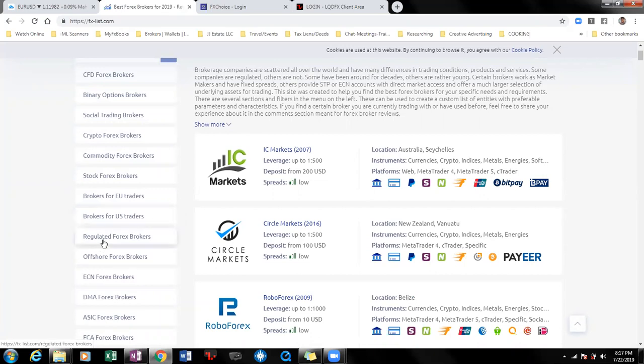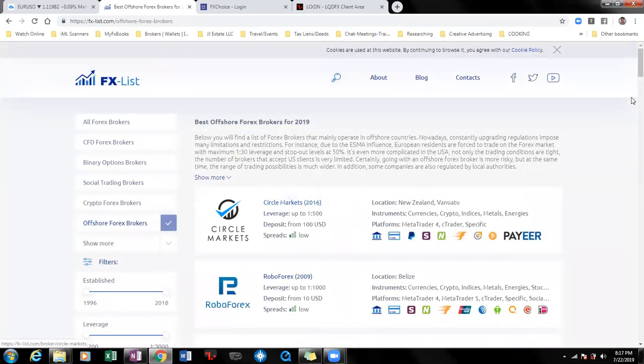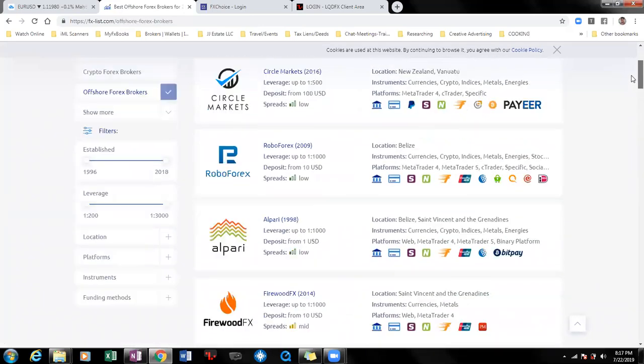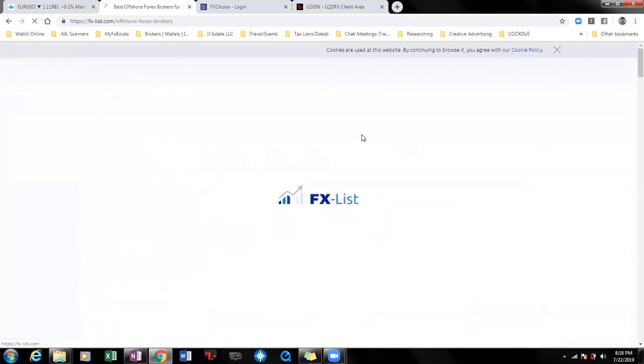People care about regulated forex brokers, offshore forex brokers. Now, if you don't want to be heavily regulated, you would come here to look at these. I've heard some bad things about brokers, which is why I say go ahead and review. But this FX list will definitely give you a start on what's out there.